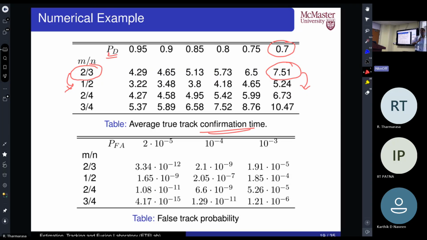That's better. So when you go from 2 out of 3 to 1 out of 2, the latency is reduced. Now, for a given false alarm rate with 2 out of 3, you have this. But when you go from here to here, this is increased. That's bad. So we have less latency, but we have more false alarms.